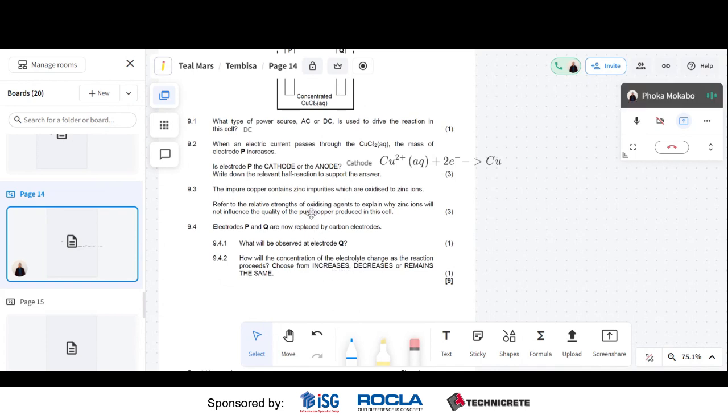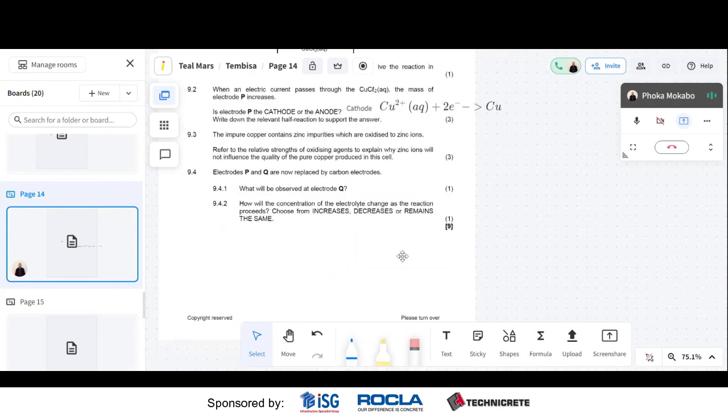Once the reaction happens, the concentration of the electrolyte would decrease, as less and less of it would be present due to the formation of chlorine at electrode Q, as well as the rest of the reaction occurring. And so therefore, it would decrease. And that would be it for question 9.